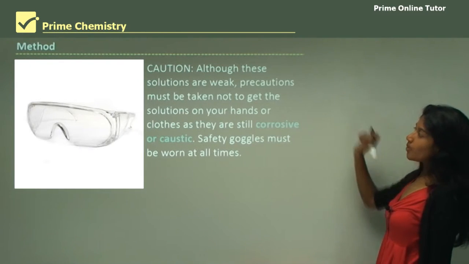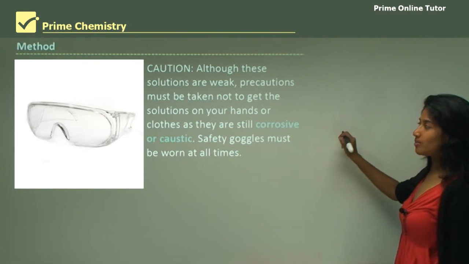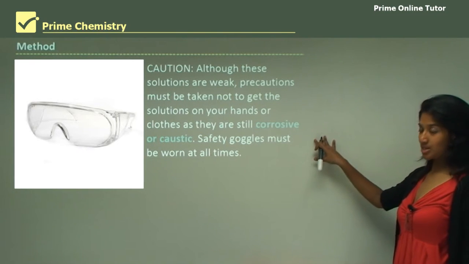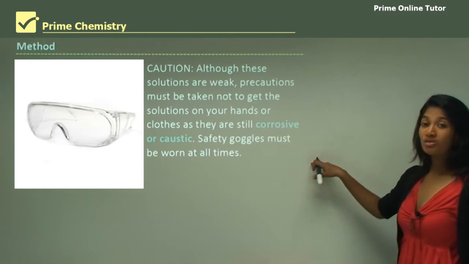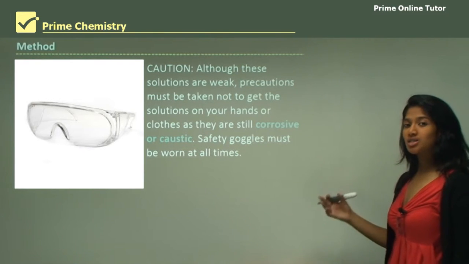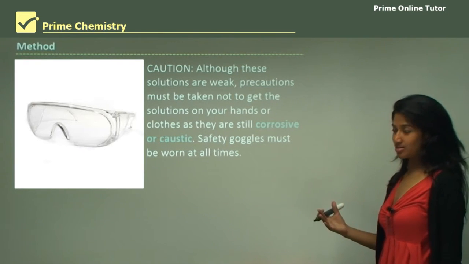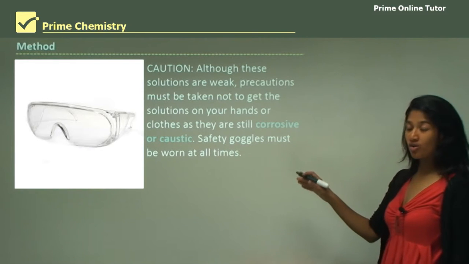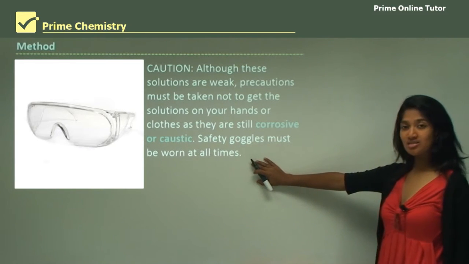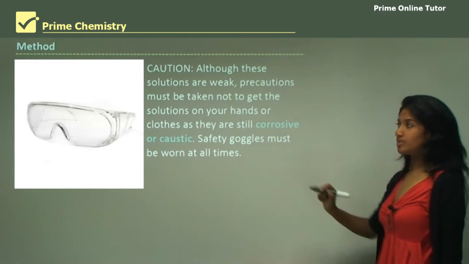Now the method. Before you write the method, you should always include a risk assessment. And this is very important, especially in this topic, because acidic environments use acids, and acids are very corrosive and caustic, and safety glasses and gloves should always be worn.